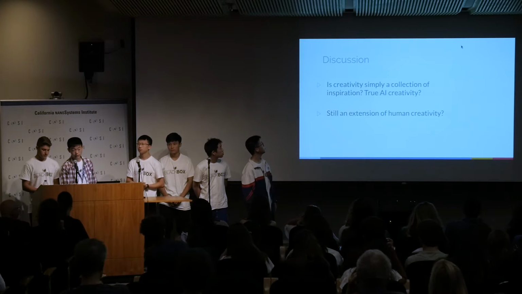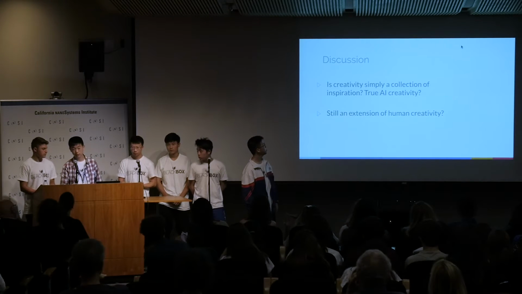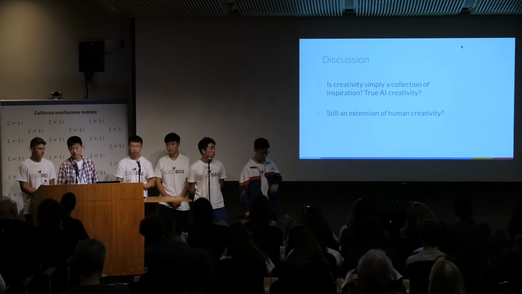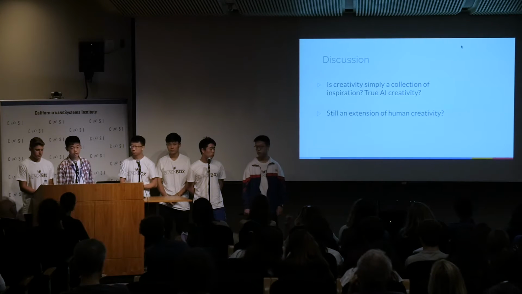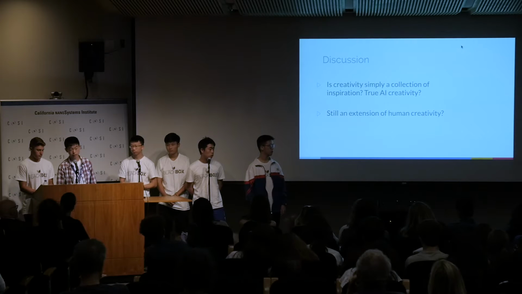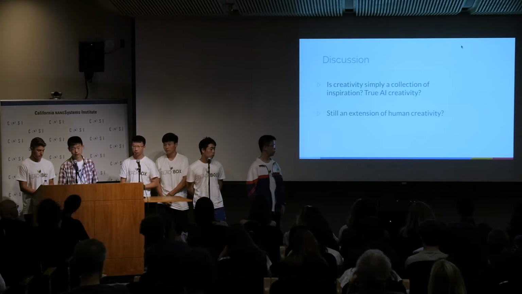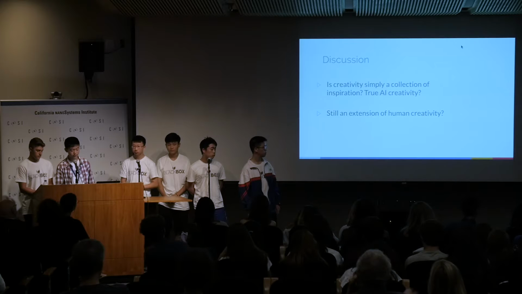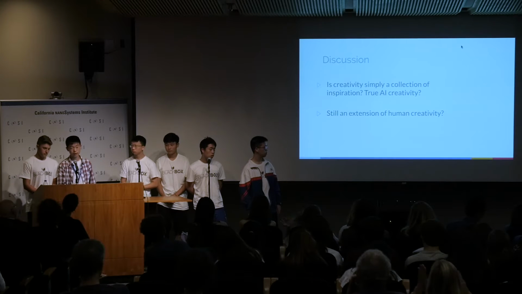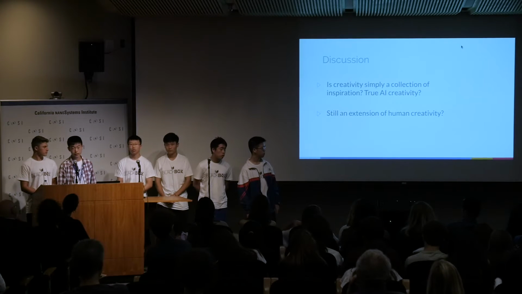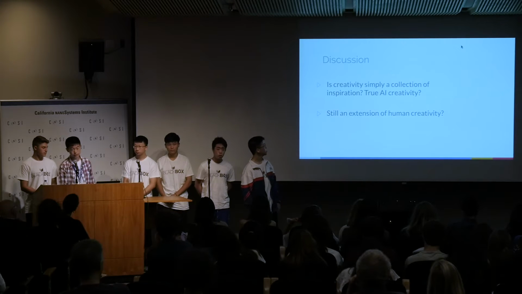So now for our discussion, we have three main questions. The first one is: is creativity simply a collection of inspiration? Because if it is, then GAN is essentially emulating human creativity, because the discriminative algorithm takes data from millions of previous collage art pieces to create its own piece.